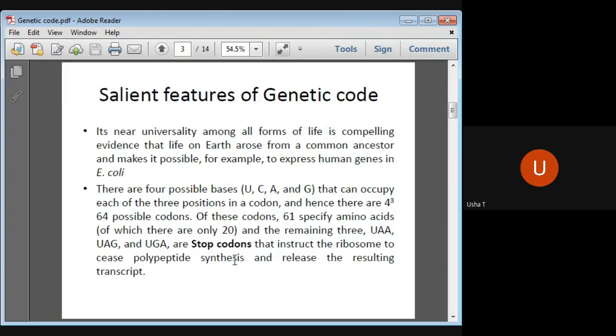They instruct the ribosome to cease polypeptide synthesis, that is, stop translation and release the resulting transcript. So there are totally 64 codons, out of which 61 codons code for 20 amino acids, and three of them are called stop codons. These codons are otherwise mentioned as nonsense codons, UAA, UAG, and UGA. These are the stop codons.